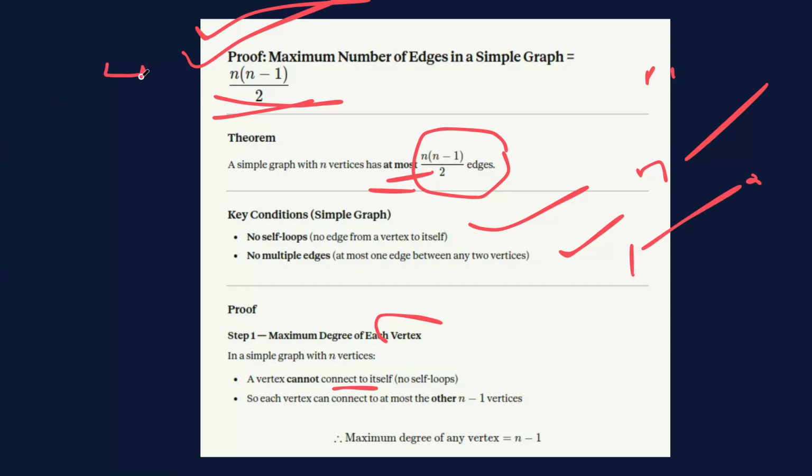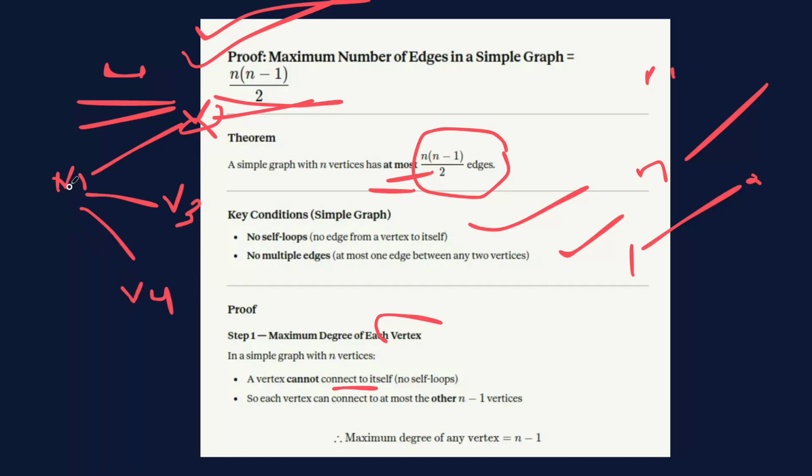Let's say 4 vertices are there in total. If I'm taking the first vertex, let us say v1, at most v1 can connect to v2, v3, v4, right? But we are not considering a self loop because we are considering a simple graph. So v1 cannot be connected to itself, no self loop. So if there are 4 vertices, v1 can connect to v2, v3, v4. That is 3 vertices it can maximum connect.